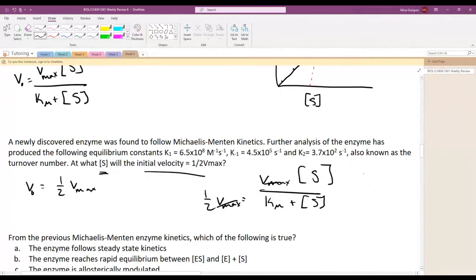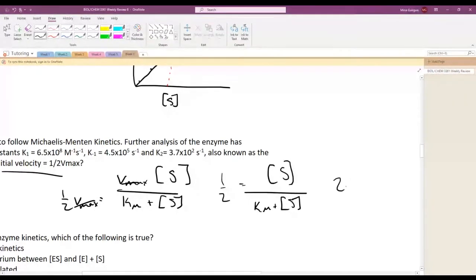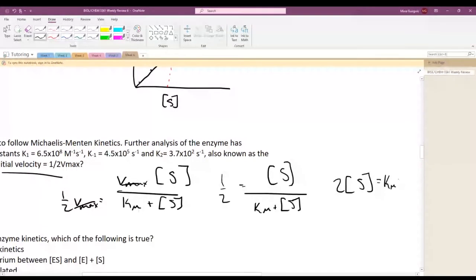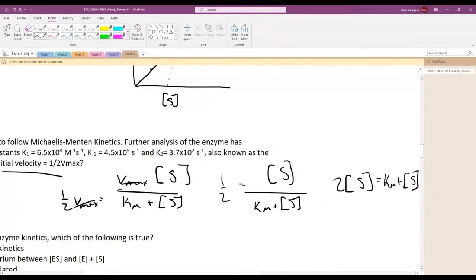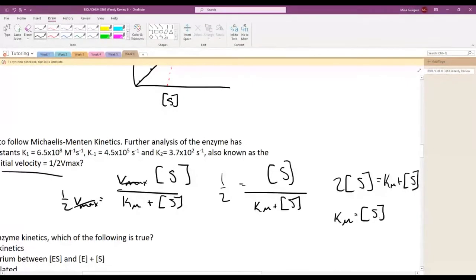So now I get 1/2 equals my substrate concentration over Km plus my substrate concentration. When we cross multiply, we get that 2S equals Km plus S. In other words, Km is equal to our substrate concentration.